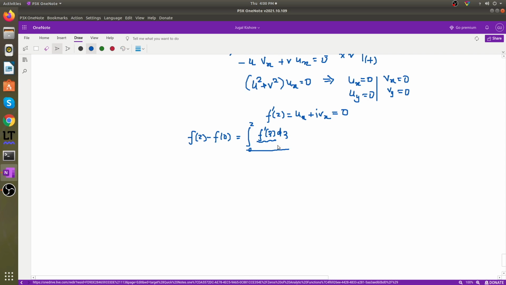And then we get that the value of f of z will be f of 0. So we are getting that f is constant.